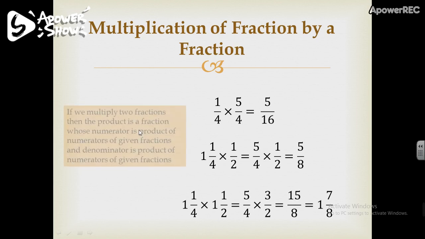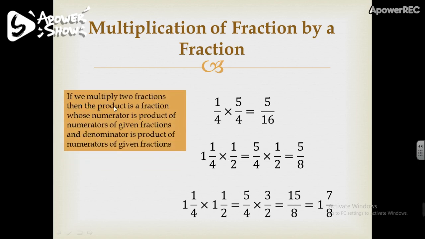So from this we get that if we multiply 2 fractions, then the product is a fraction whose numerator is the product of the numerators of the given fractions.